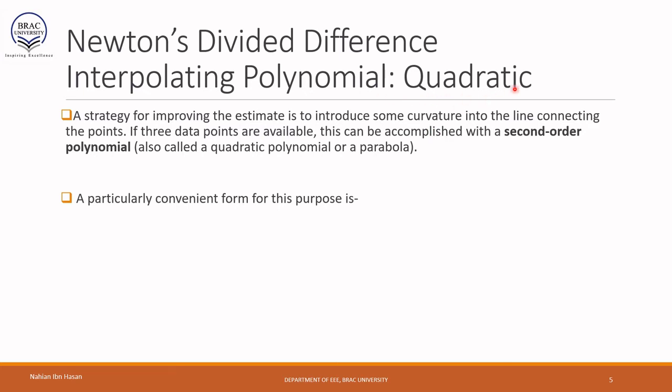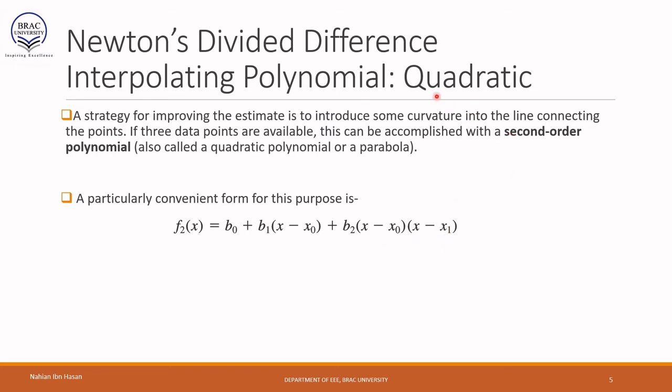Let's say we now want to use a quadratic interpolating polynomial. That means the order of the polynomial is now 2. So we can again determine Newton's divided difference interpolating polynomial of second order, or quadratic equation, which can be denoted like this: f2 of x equals b naught plus b1 into x minus x naught plus b2 into x minus x naught into x minus x1.